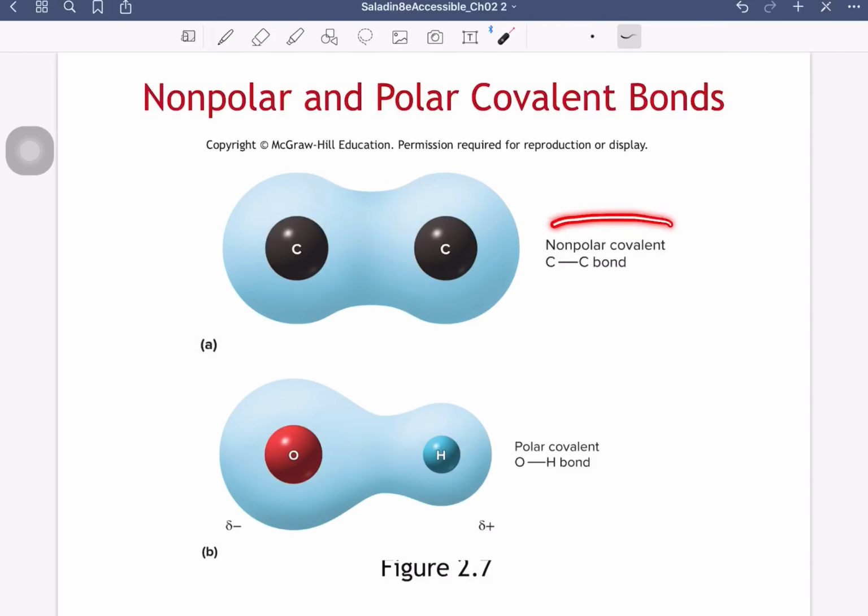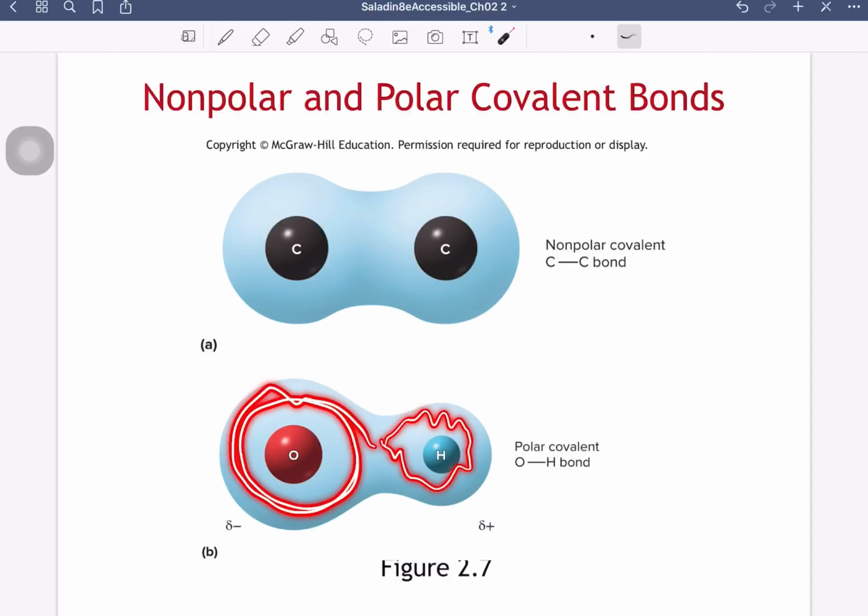So that will be a non-polar covalent bond. Now, in this case down here, it's oxygen and a hydrogen. Now, the oxygen really likes to hold on to the electron. So, yeah, the electron will spend some time here, but the electron tends to spend a little bit more time over here in the match.